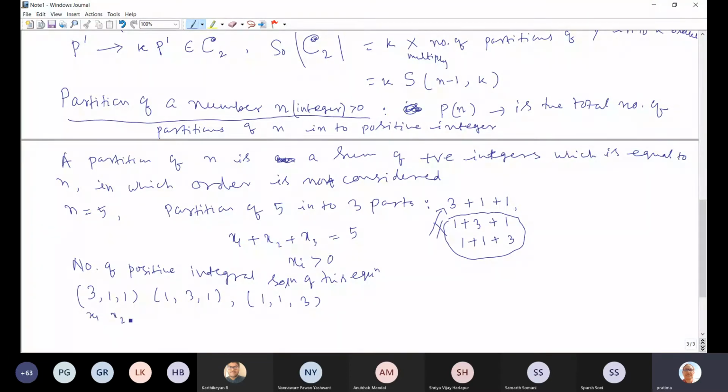This is x1, this is x2, this is x3, and here x1 is 1, x2 is 3, and x3 is 1. Because we are distributing to, I'll explain further, these 3 variables, or we are distributing to labeled boxes. Five objects or 5 balls we are distributing to 3 labeled boxes.